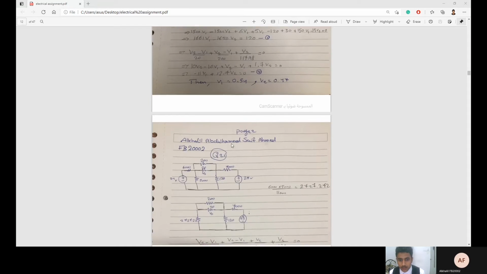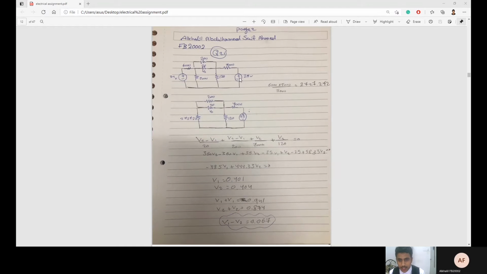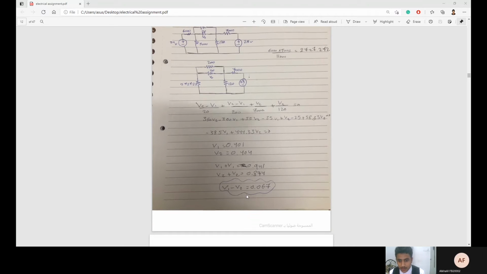Then we put it again, and we closed the other voltage there, and we had also 6,000 with 5,000 in parallel, and then we got the answer.